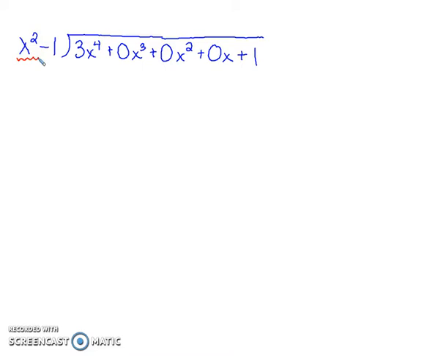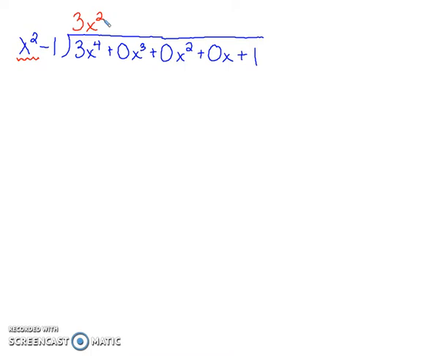Well, if I was going to turn x squared into 3x to the fourth, it would need to get multiplied by 3x squared in order to make that happen. Then you take that number that you wrote above your divisor, so that red 3x squared, and you multiply it by everything that you're dividing by.